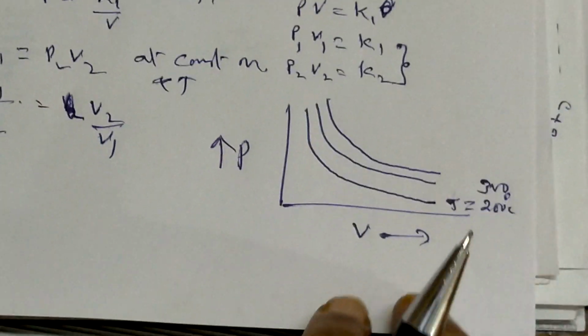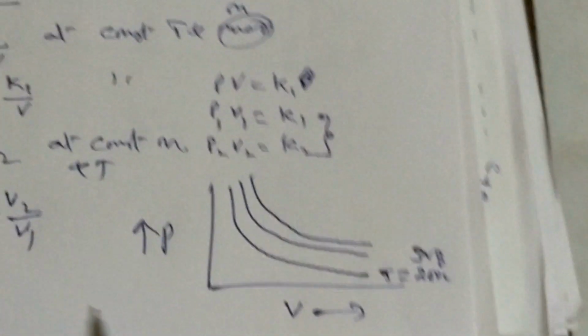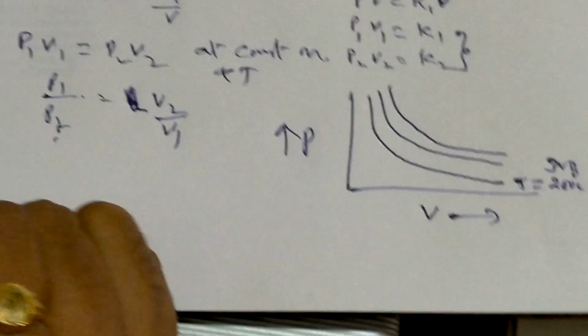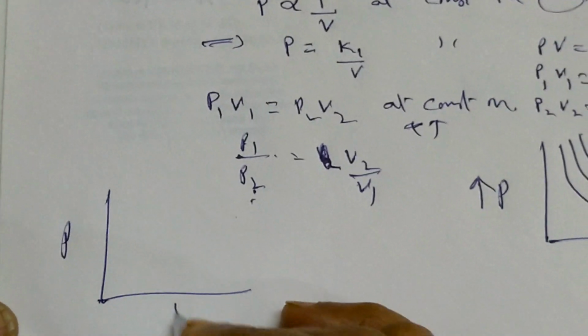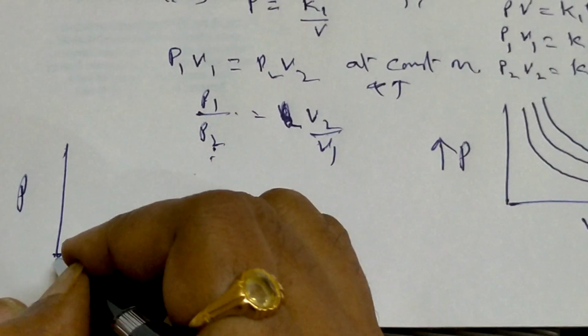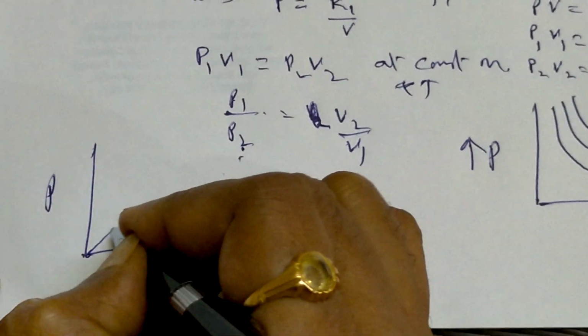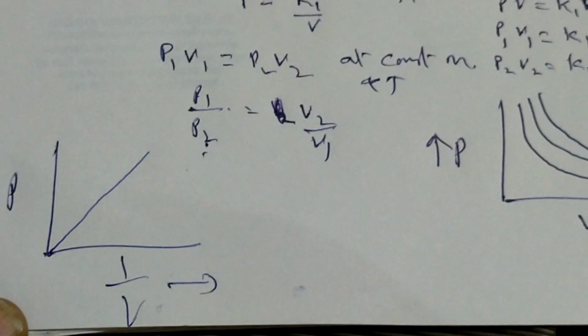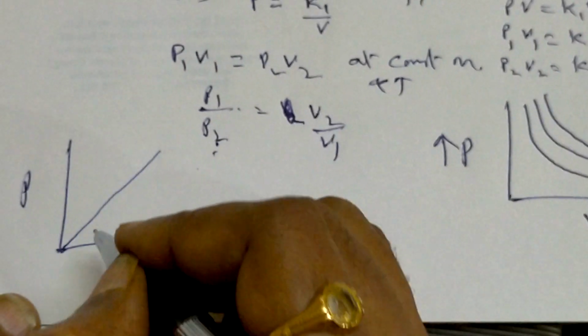This can be represented in another way also, with one more graph. If I take P on the y-axis and 1 by V on the x-axis, there will be straight-line isotherms. The temperature is constant for a particular line.